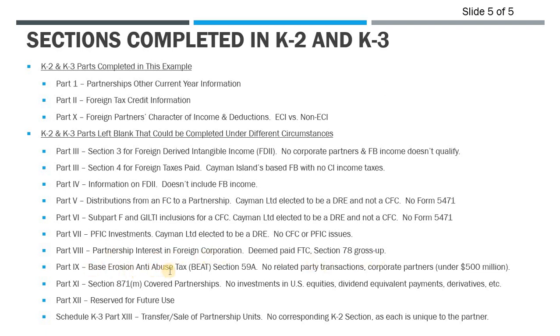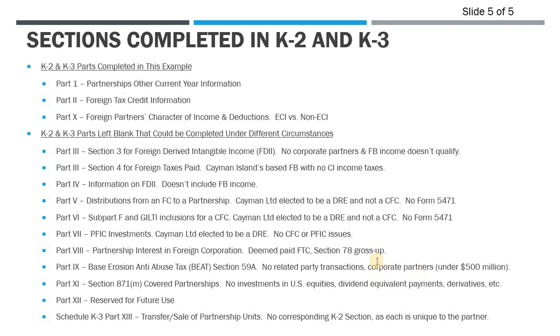So Part 9, the BEAT, or Base Erosion Anti-Abuse Tax in Section 59A. This helps to combat reducing your corporate tax base by funneling money offshore, let's say. Section 59A really only applies where we have related party transactions between the U.S. person or the affected taxpayer and their offshore affiliates.